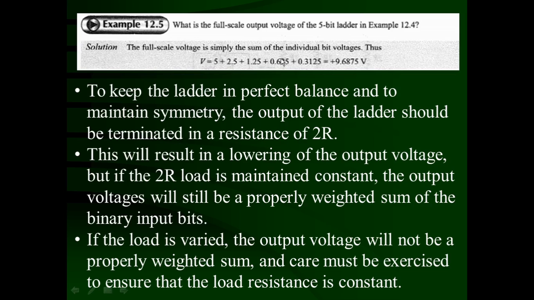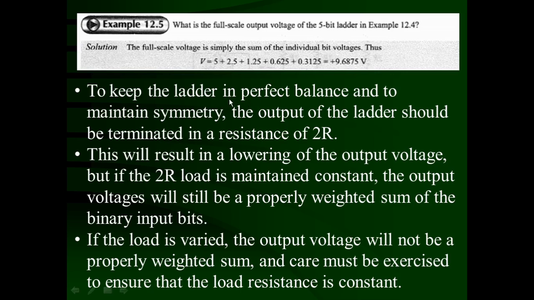The fourth MSB will contribute V by 16, that is 0.625, and the fifth MSB or LSB will contribute V by 32, that is 0.3125. The summation of these is 9.6875 volt. This is slightly less than V equal to 10 volt, which is applied for binary 1. So you can say that it never equals V volt, but is slightly less than the V volt applied for the digital input.